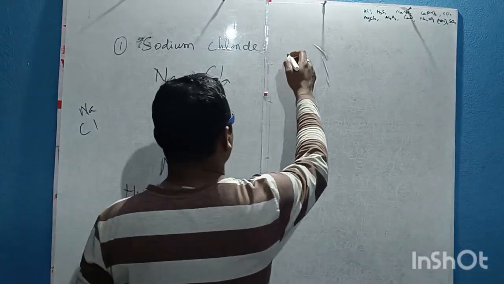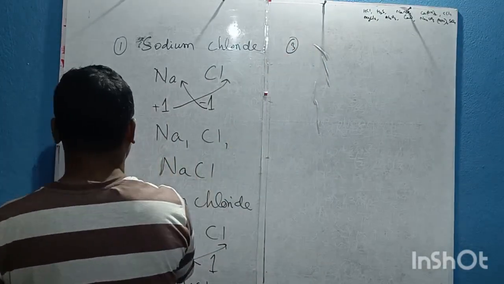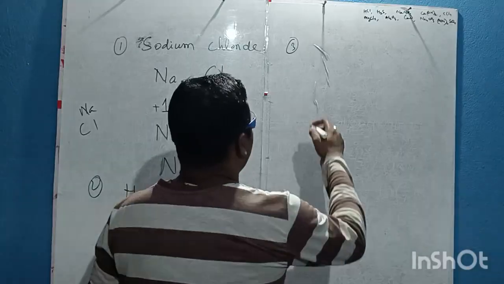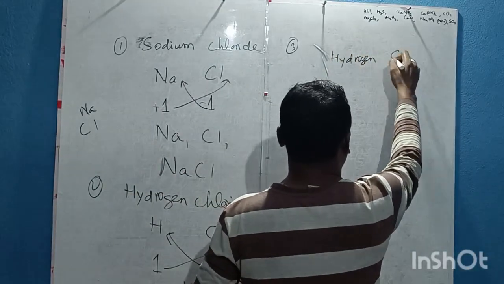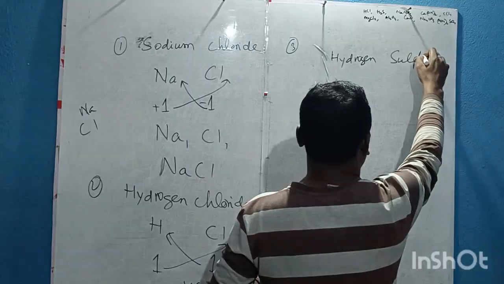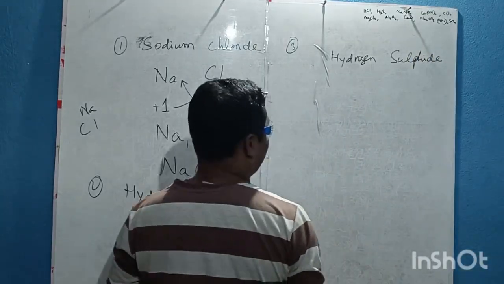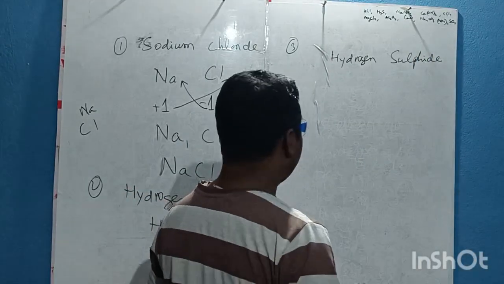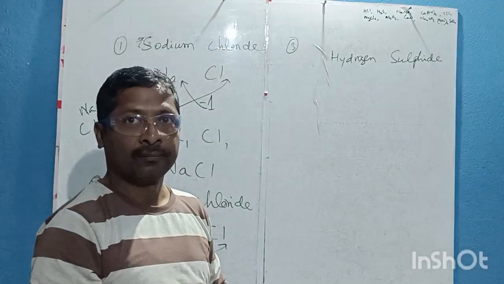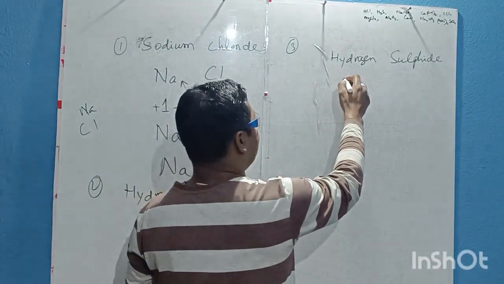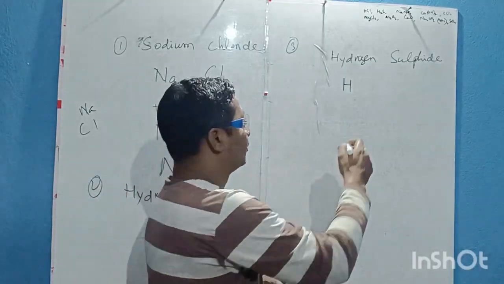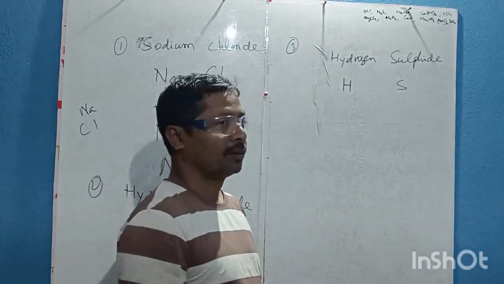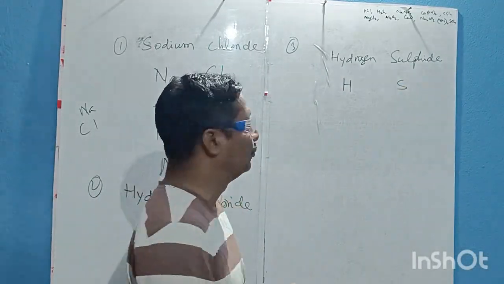Let's go to another example. Suppose hydrogen sulfide. I am writing the symbol first, hydrogen H, and sulfur is S, which has valency 2.